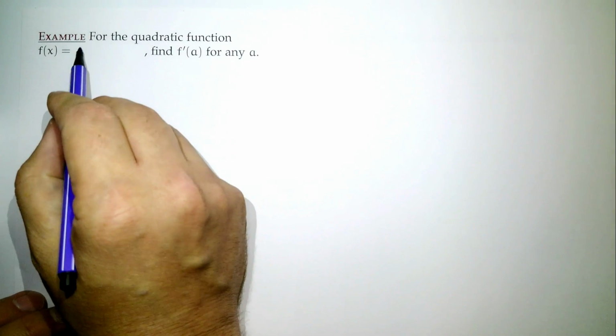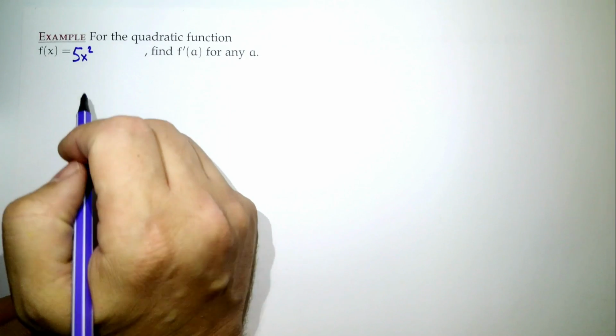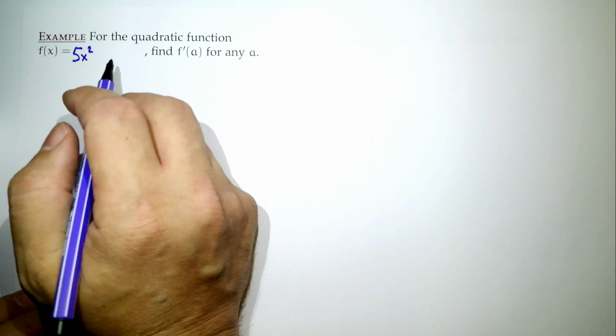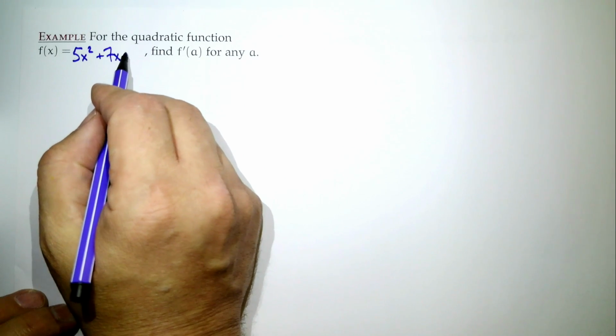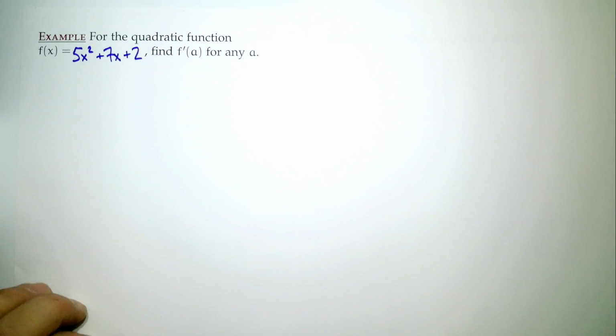So does anyone have a favorite quadratic they'd like us to do? 5x squared. We need a quadratic, so we need a square. We can have more stuff, plus 7x and plus 2. 5x squared plus 7x plus 2.